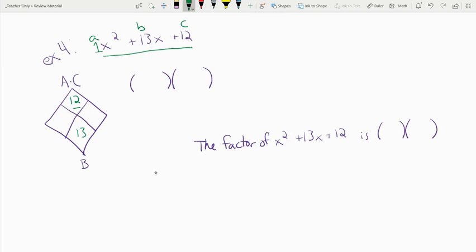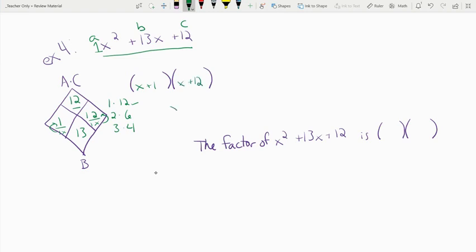Okay, now let's see. How can we get 12? We can do 1 times 12. We can do 2 times 6, or we can do 3 times 4. 1 plus 12 is 13, so that's going to be the one we want. We've got a 1 and we've got a 12. We're going to divide both by 1x. And so we get x, bottoms up, x plus 1, x plus 12.